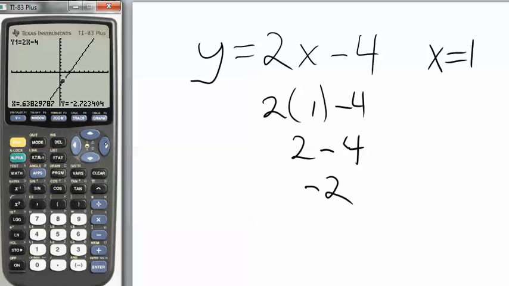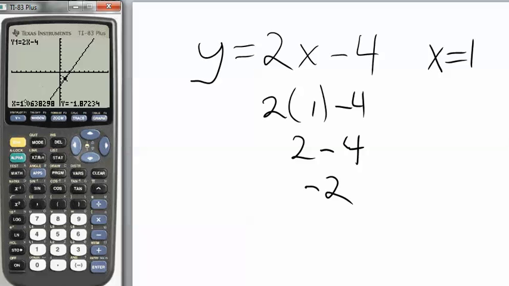The problem with trace is I don't understand how it does its decimals. See, it kind of skips 2, and when x equals 1, it's got weird decimals, so you can kind of tell, but not exactly.